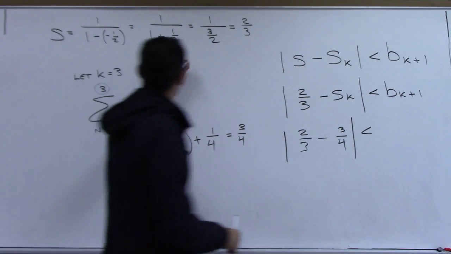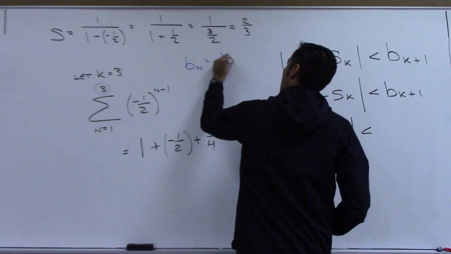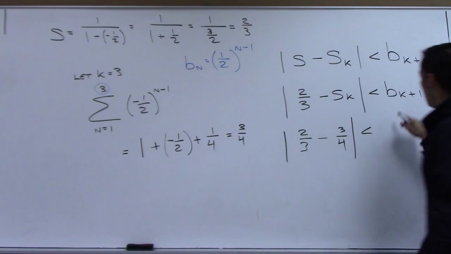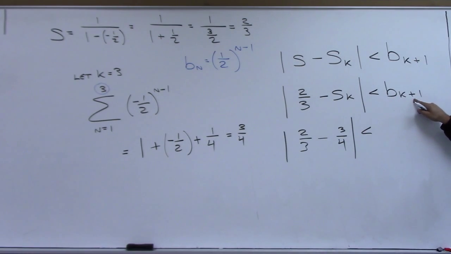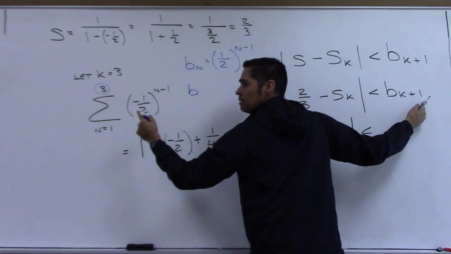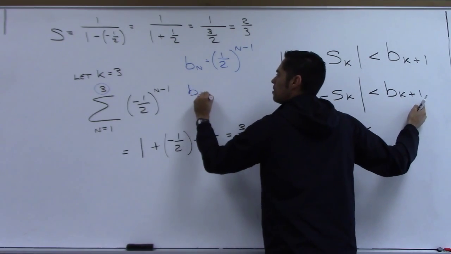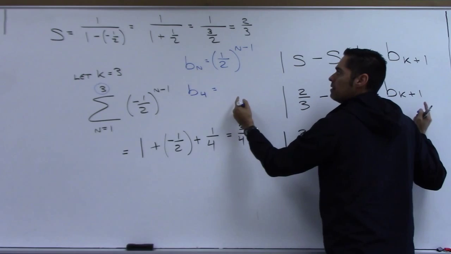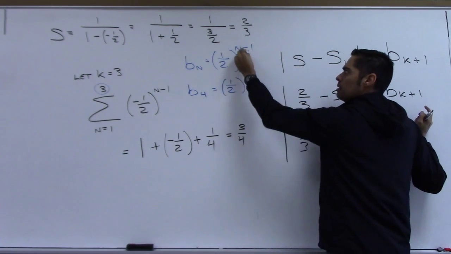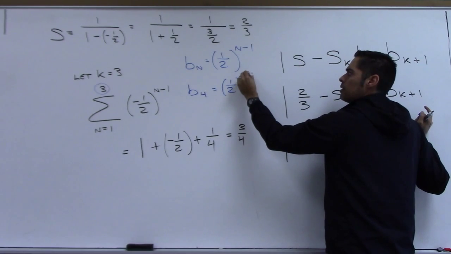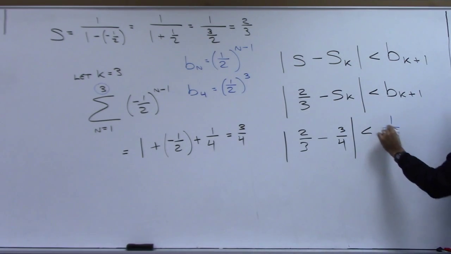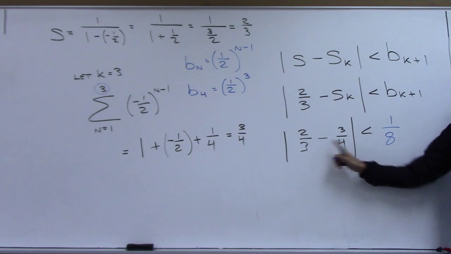It was 1/2 to the n minus 1. If I ask you what's b sub k plus 1, I'm really doing b sub what? K plus 1, b sub 4. If I put a 4 into that, I get 1/2 cubed, 1/8. According to this theorem, I'm guaranteed that this is going to be less than 1/8.